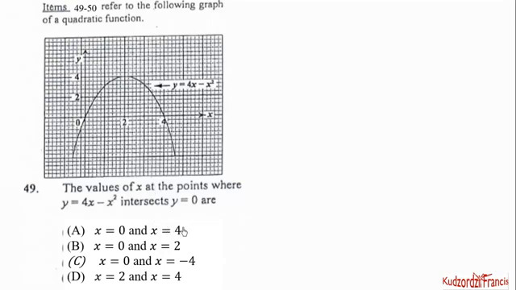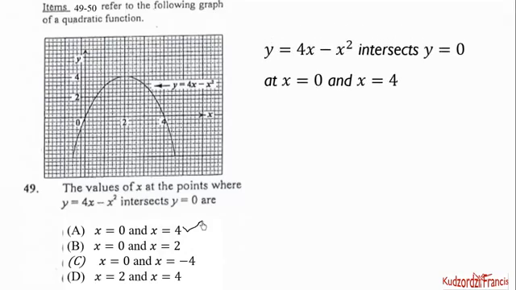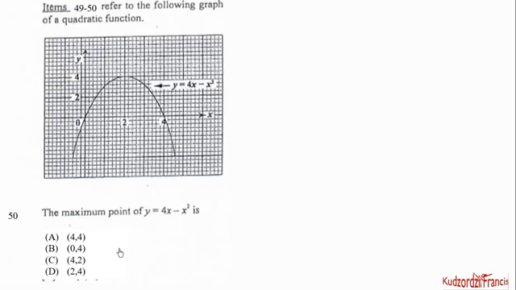Now we have the maximum point of y equals 4x minus x squared. Maximum point is this point. This is also a familiar question, which is 2, 4. So the maximum point is 2, 4. Option D is the correct choice.